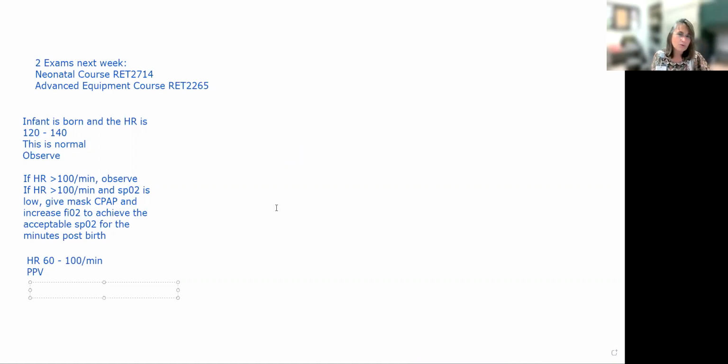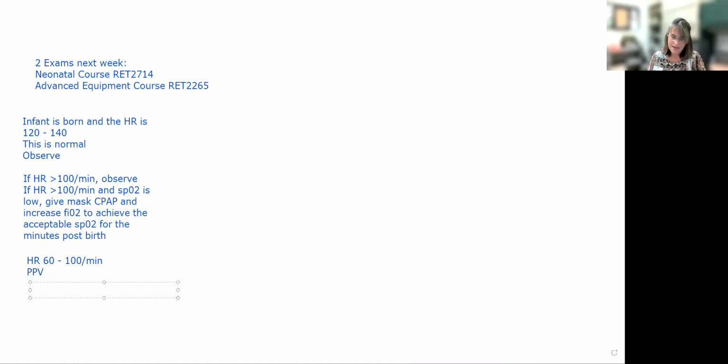Did I give you the amount of pressure to use when you're bagging an infant? I don't know if that was part of the notes. No, it doesn't look like I gave you the criteria for bagging. Okay.